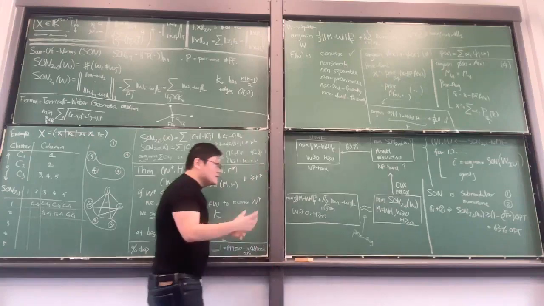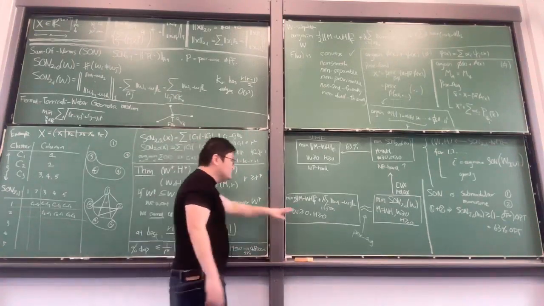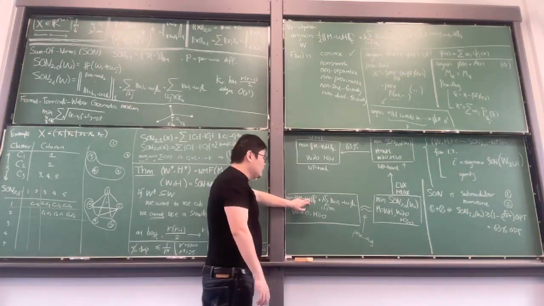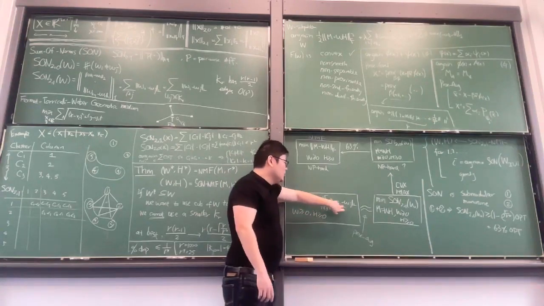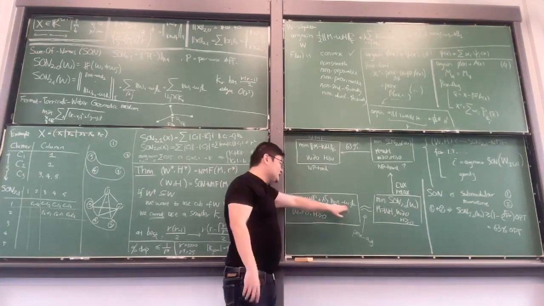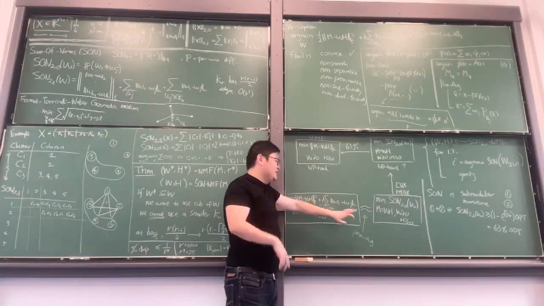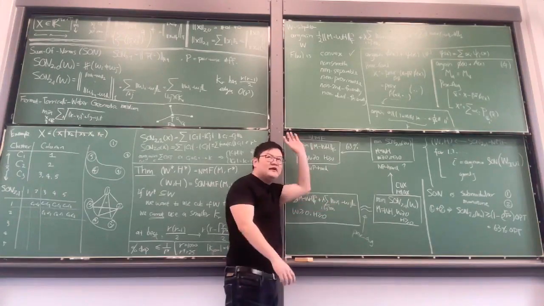Since I'm using many more columns and rows than I need, I need to enforce them to be close to each other. This has something to do with minimum volume, but this is not exactly minimum volume, this is some weird thing anyway.